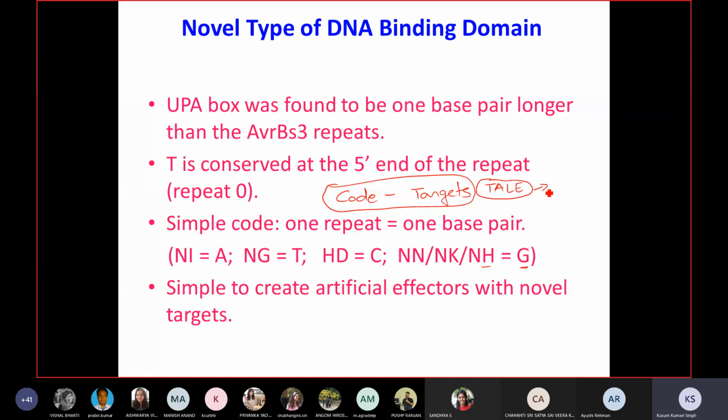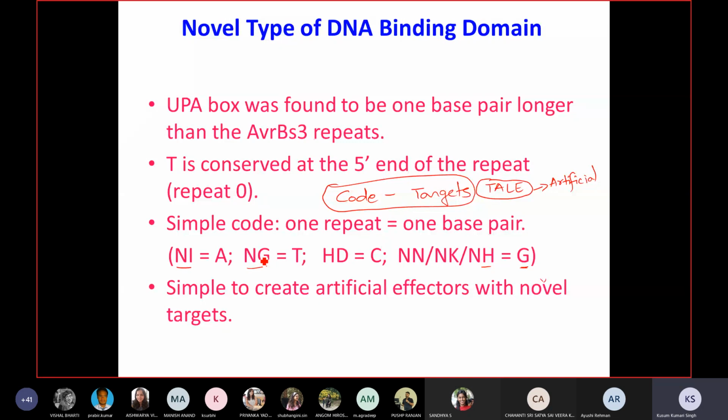So instead of the natural TAL, you can produce any artificial TAL, and basically you can target any gene which is required. And here you don't have to depend on any other residue, because the code is very simple. For example, NI exactly at the 12th and 13th positions, or NG at the 12th and 13th positions, will recognize these pairs.